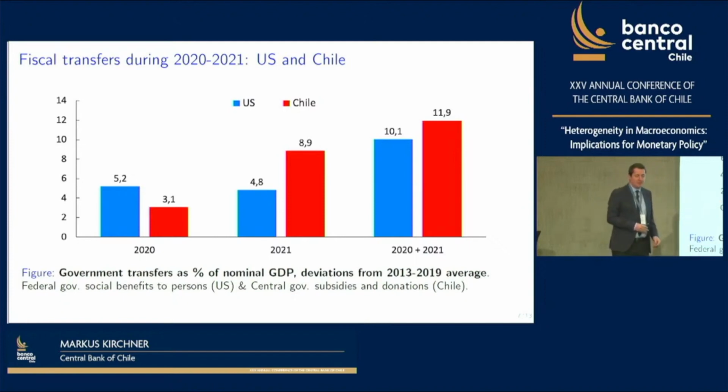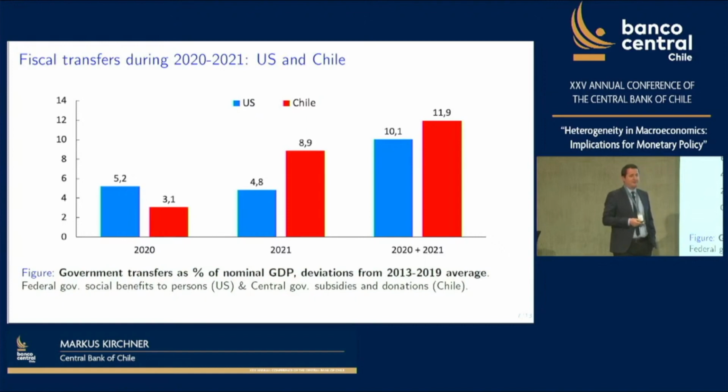In Chile, we also had a very important increase in government transfers, here it was 12% of GDP. Of course, in terms of the amount, the case of the US is much bigger than in Chile, but nevertheless, we've also had in Chile an important fiscal expansion in government transfers. And so the timing differed a bit.